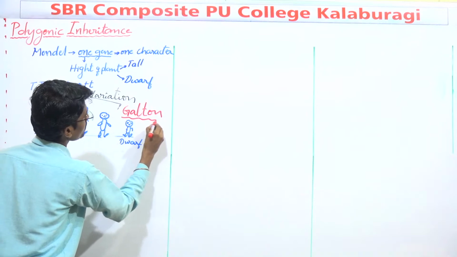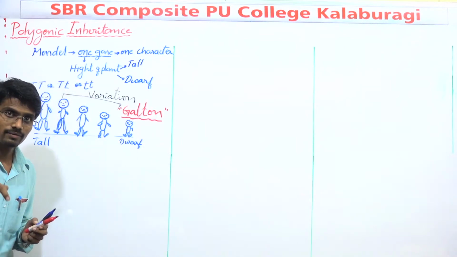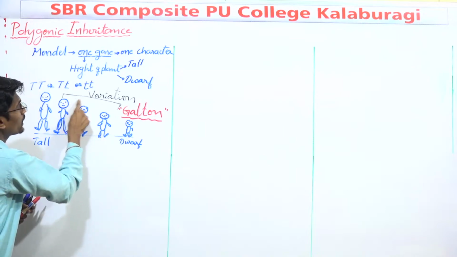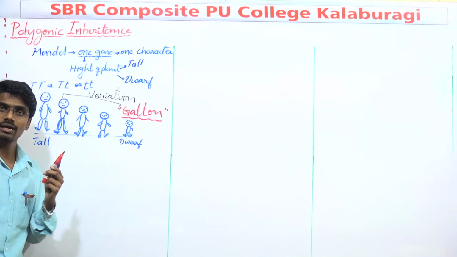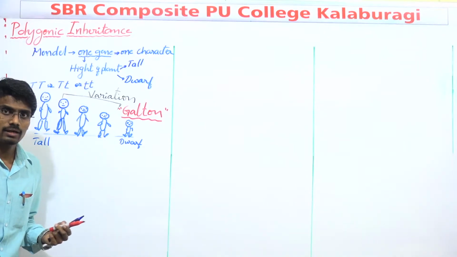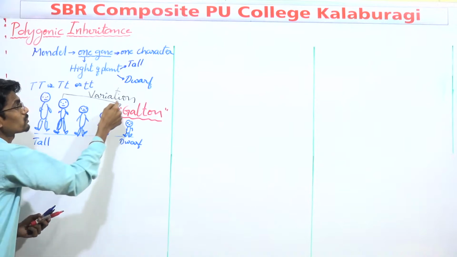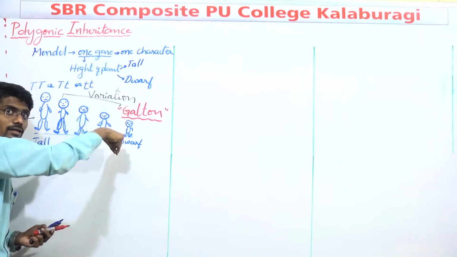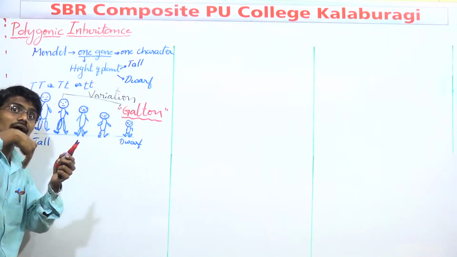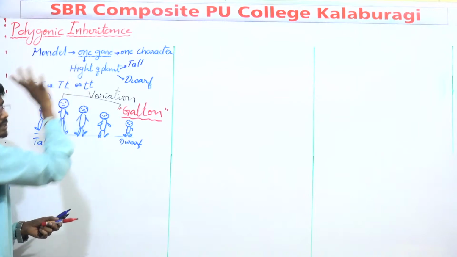Galton's question is asking that within a trait there is a variation. It may be height, it may be skin color, it may be any other trait. If there is a variation, which factor is responsible for the variation? Variation within a trait, variation within a character, is not explained by Mendel.